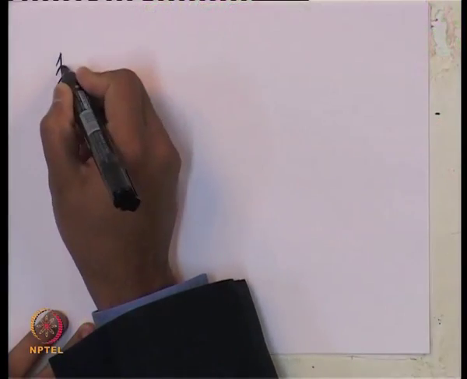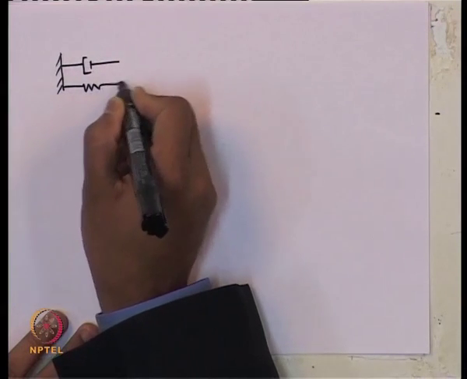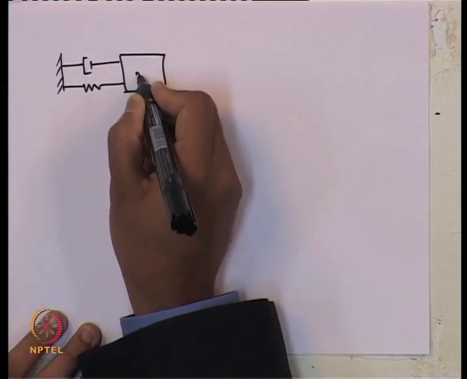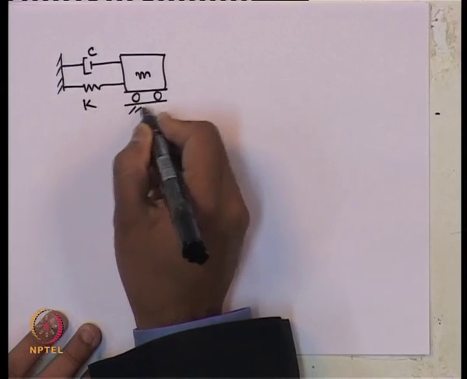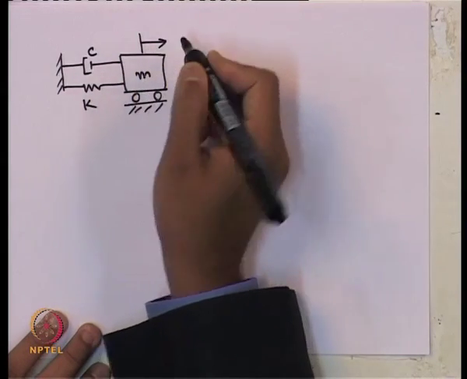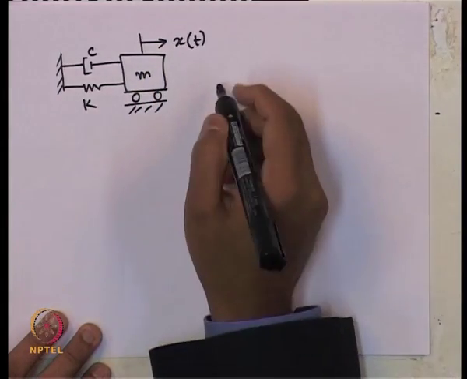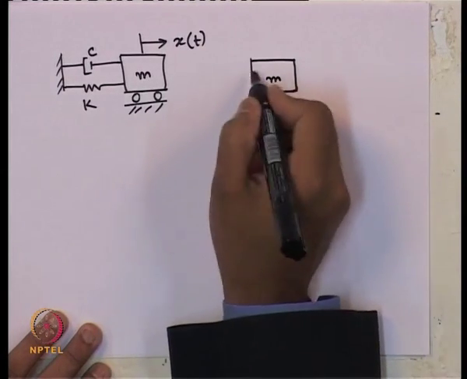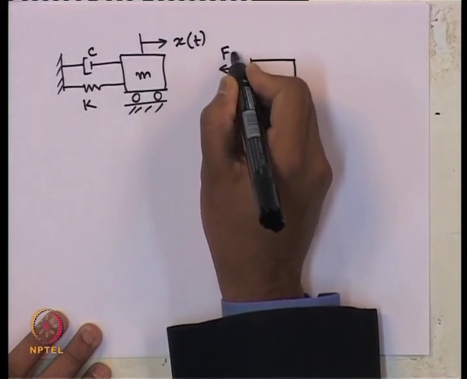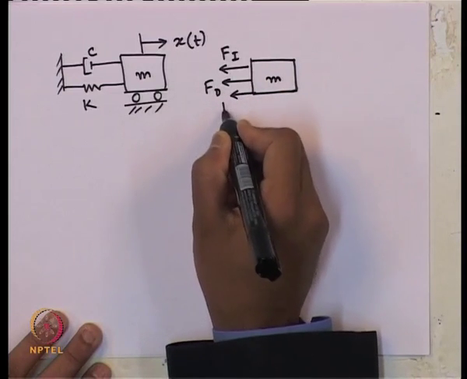Let me draw it once again, the basic single degree of freedom system we are discussing, with the free body diagram, c, k, x of t is the single degree of freedom. So, on the mass we have f I, f d and f s.